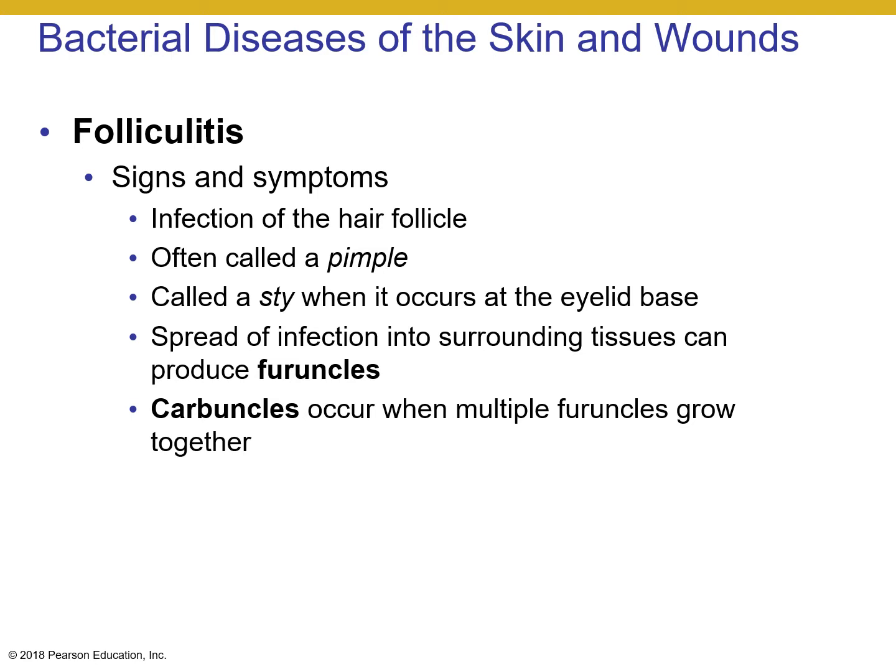Oftentimes we call this a pimple. If it occurs around the eyes, we call it a stye. If it spreads to the surrounding tissue, it's called a furuncle, and when you have a bunch of furuncles grow together, we call it a carbuncle, and it looks a lot like a nasty, nasty cyst.